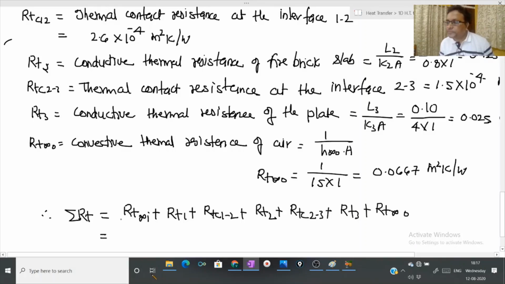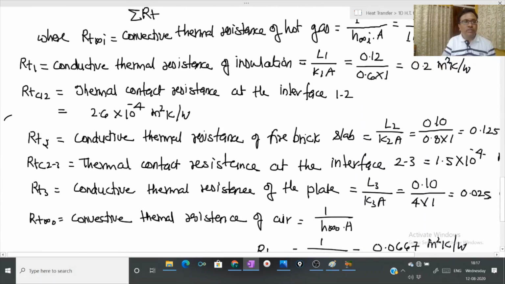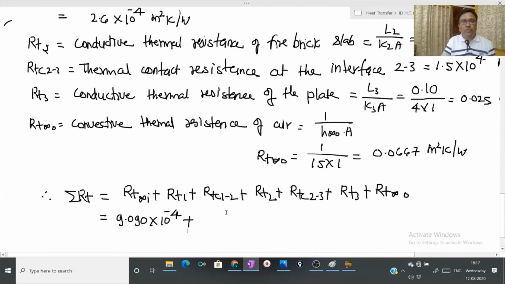So the first value is 9.090 into 10 to power minus 4 meter square Kelvin per watt. RT1 is 0.2.